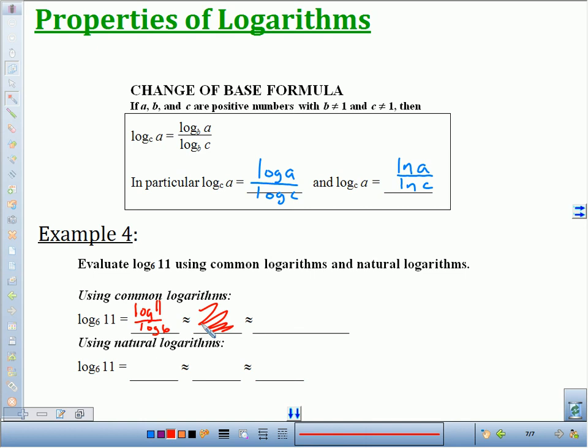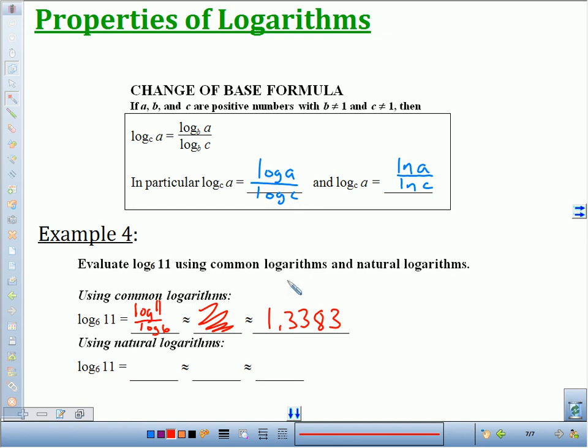What I am interested in is typing this into the calculator exactly the way it's written. Keep in mind that if you are using a graphing calculator, you need to close parentheses around these numbers. And we get 1.3383. So 1.3383 is log base 6 of 11.